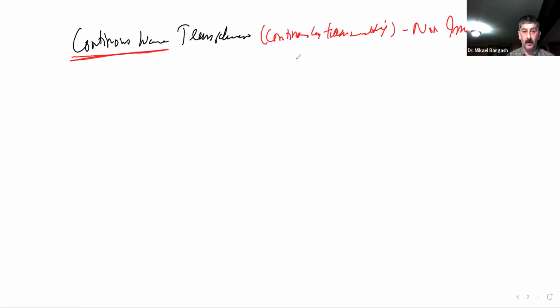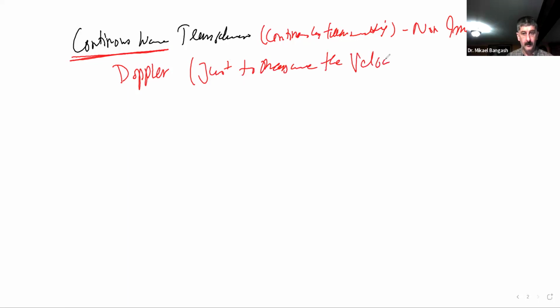That's mainly because this transducer can be used for Doppler. What was it that I said Doppler mainly was? Just to measure the velocity of blood. Did that make sense?